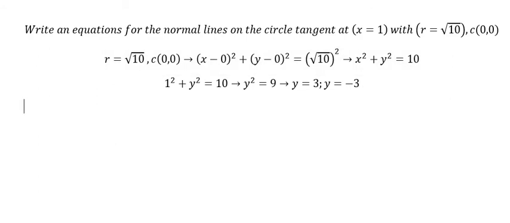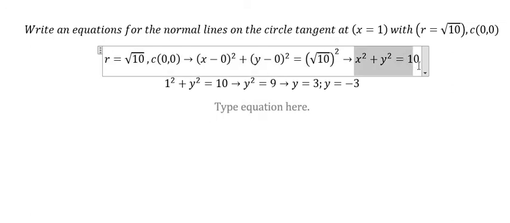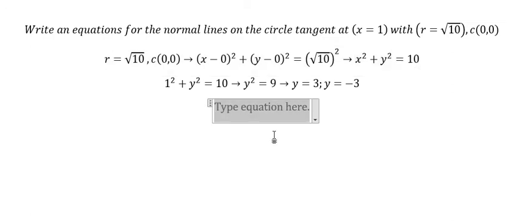Next, we need to find the first derivative of this function. So we get 2x plus 2y times the first derivative of y equals 0. We divide both sides by 2.